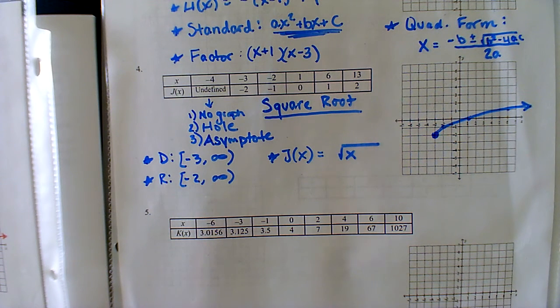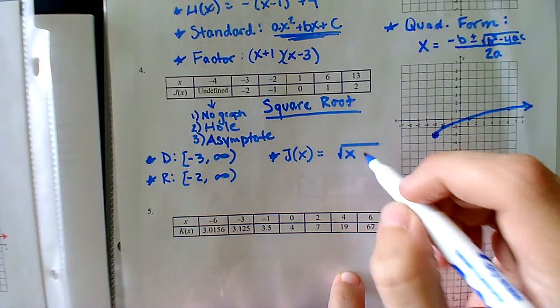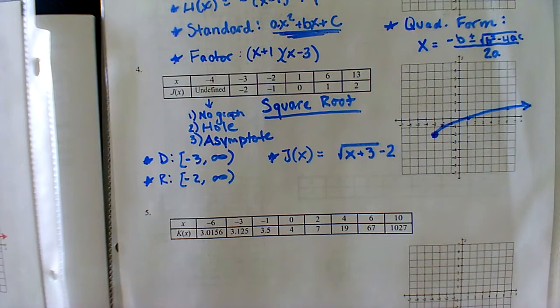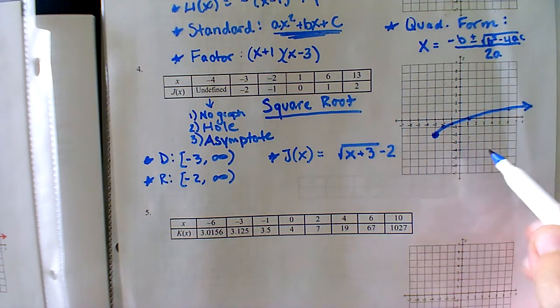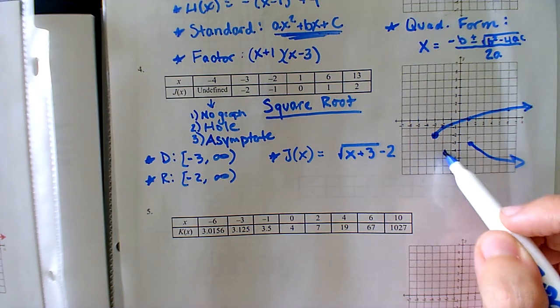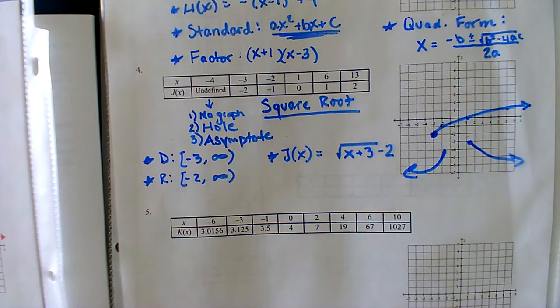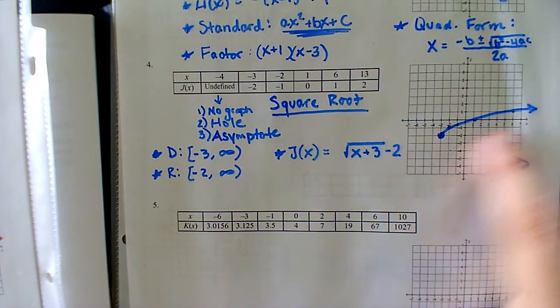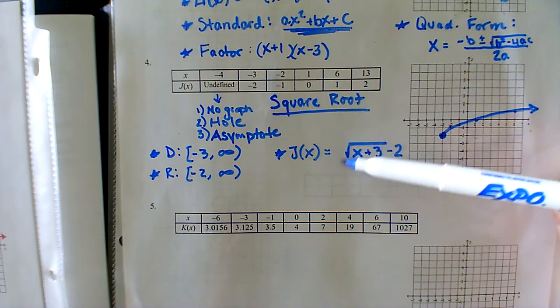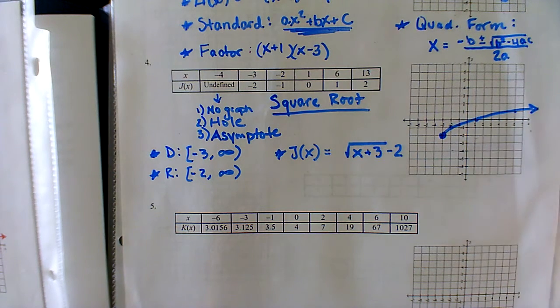How far left, how far right? Go, Justin. Square root of x plus 3 minus 2. Perfect. It moved left 3, down 2. Was it flipped at all? Do we need a negative in there? Probably not, right? We don't have a square root that looks like that. We also don't have a square root that looks like that. Those are all flipped. Okay, so no negatives. Perfect. Do we need a little number out front there?